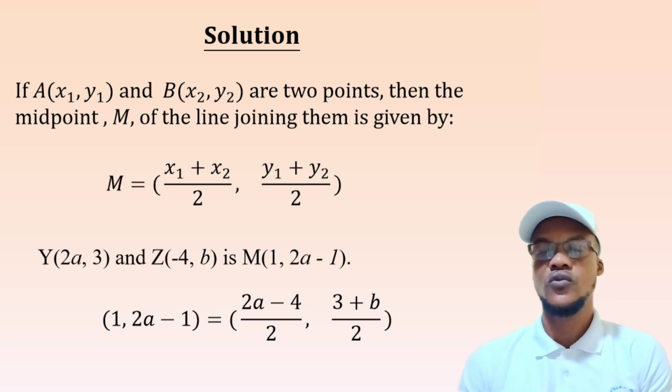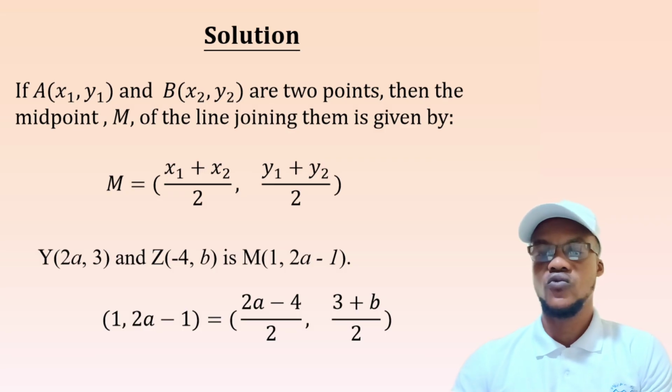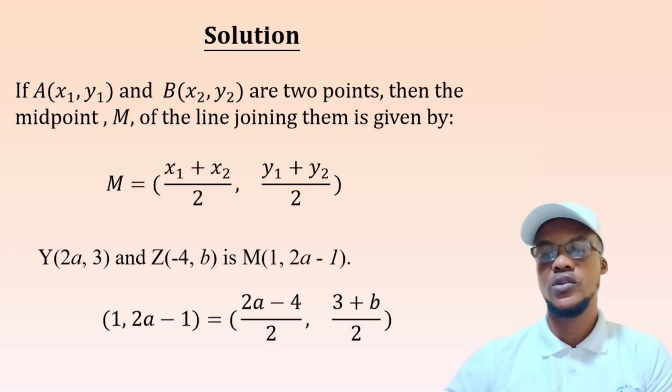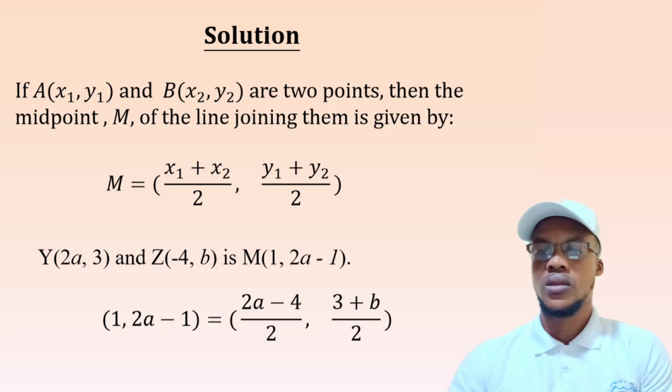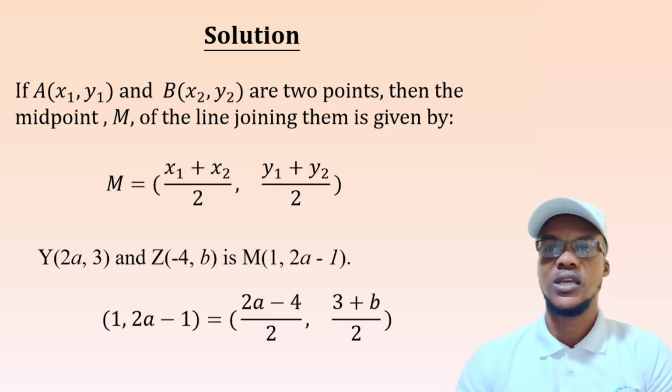So we equate it to its corresponding value on the right side, (2a minus 4) all divided by 2, which is also the x value. Then we equate 2a minus 1 to (3 plus b) divided by 2, which belongs to the y value. Very simple.